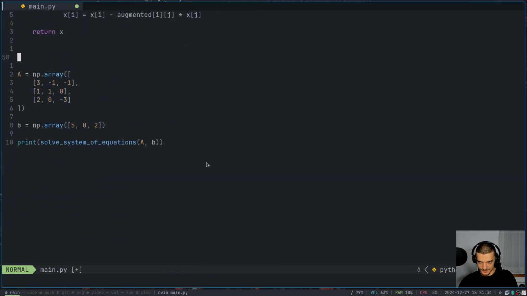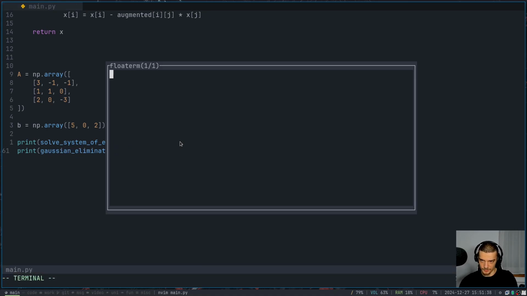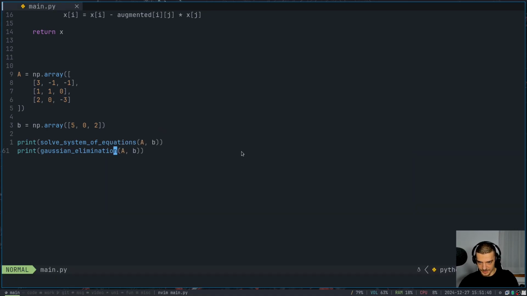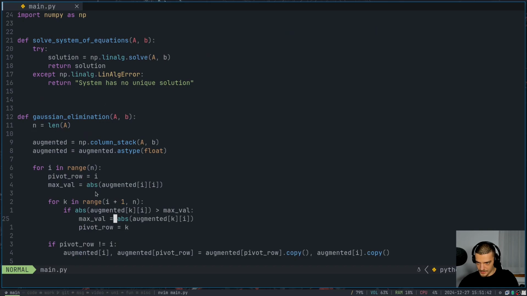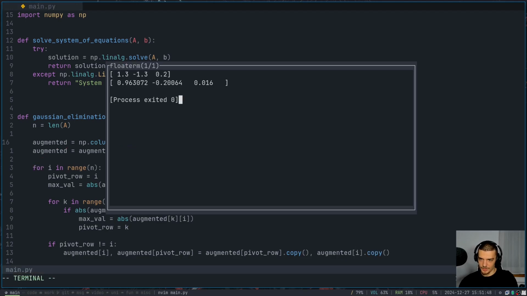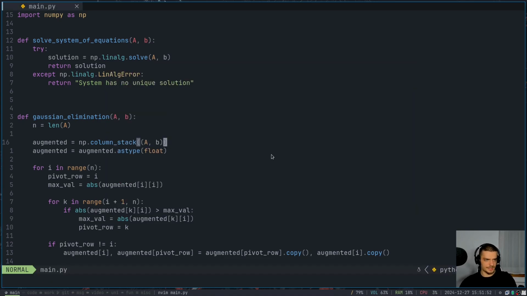I hope I didn't make any mistakes, but actually now if I run this, I should get the same result. I don't, because column stack, I need to use a list, right? Or a tuple. Okay, we made some mistake. Why is that? Let me just double check what I messed up here.